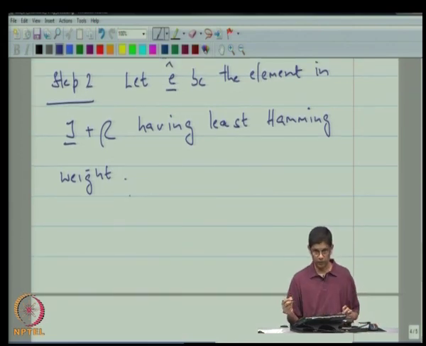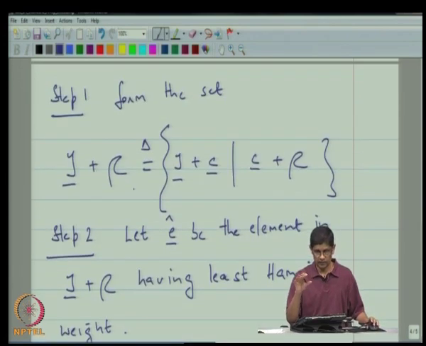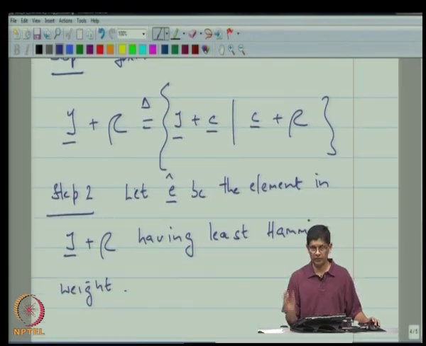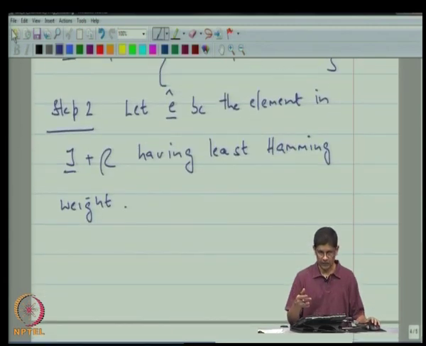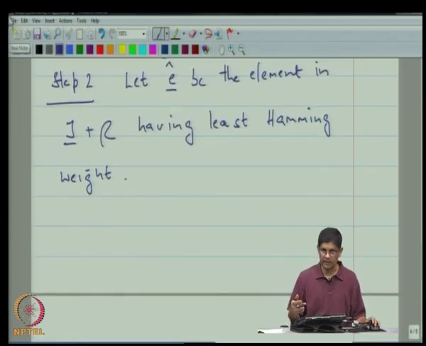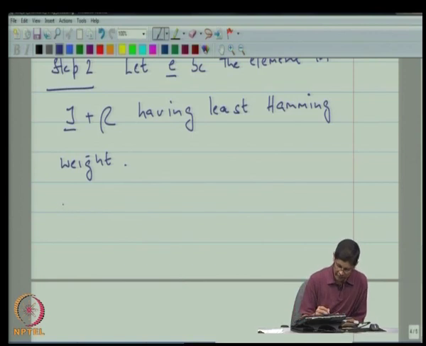Now, of course, there is always this question in your mind, well, what if there are two vectors whose Hamming weight is the least? Then what you do is you can arbitrarily toss a coin. So, it does not really matter at that point. So, with that in mind, let us just pretend that there is only one. Then we go on to the next step.